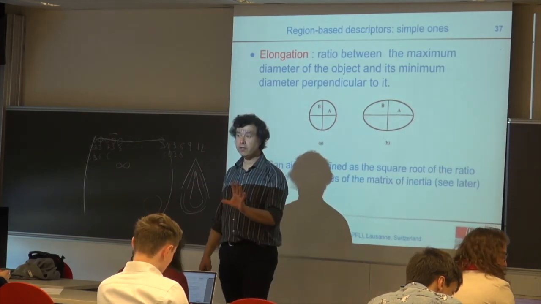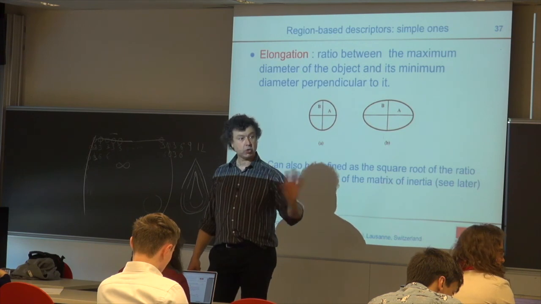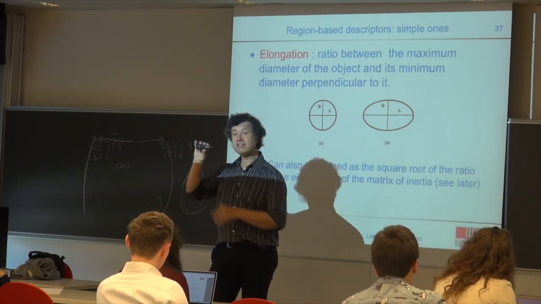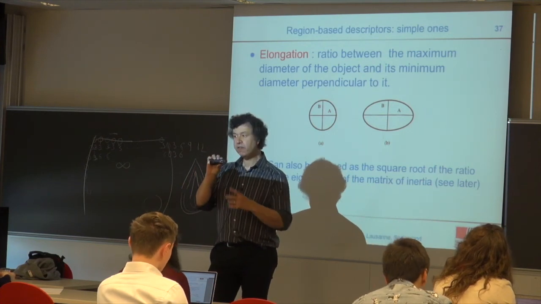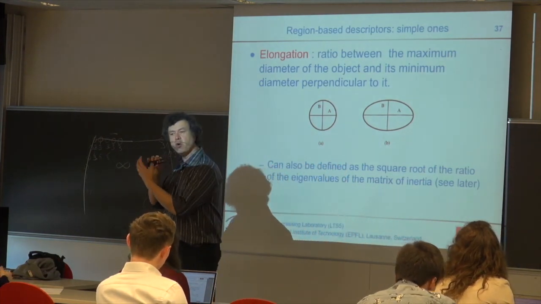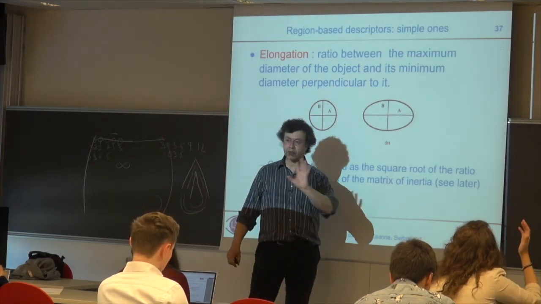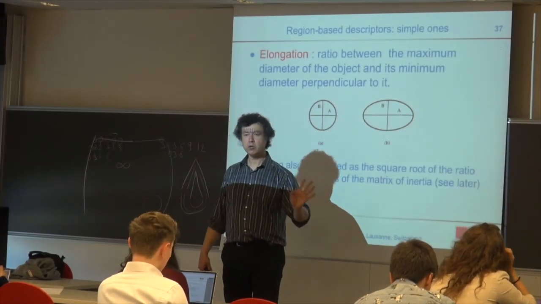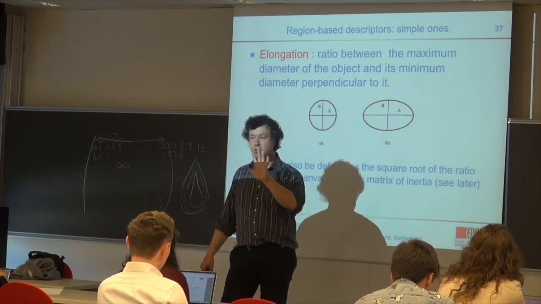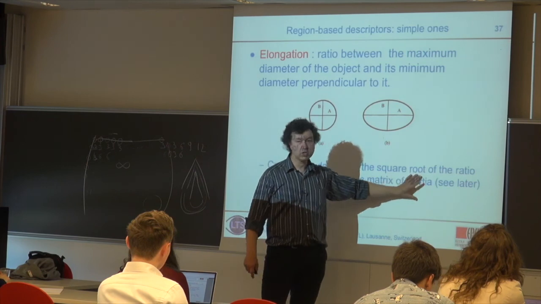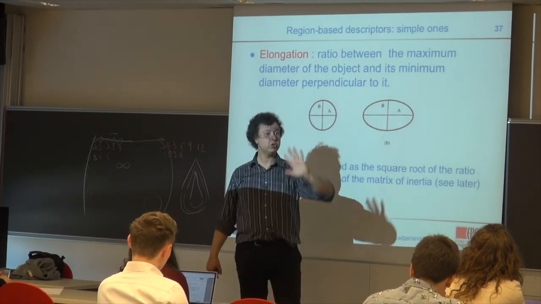I have a binary object, so it would correspond to a physical object with equal material everywhere, with equal weight. If I have a physical object which is heavier on one side with denser material, then it would be a bit different. But here, the correspondence to what you have learned in mechanics is that I have a binary object, so I calculate the matrix of inertia of a homogeneous object.